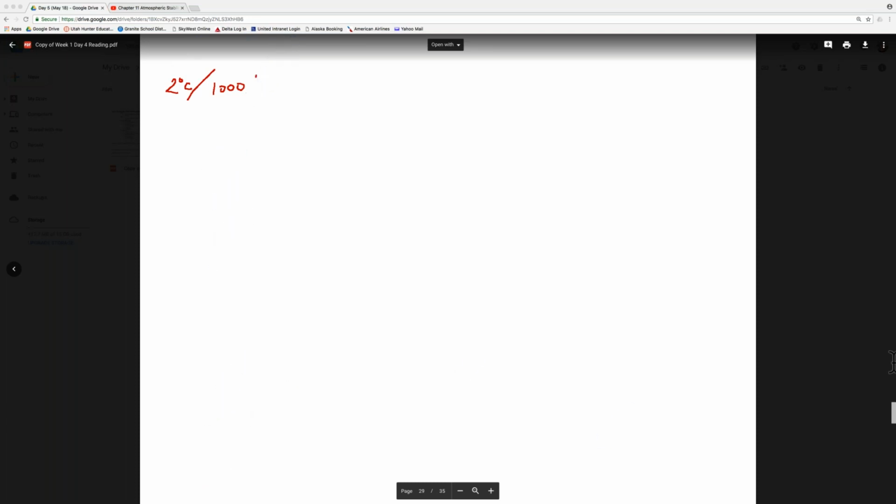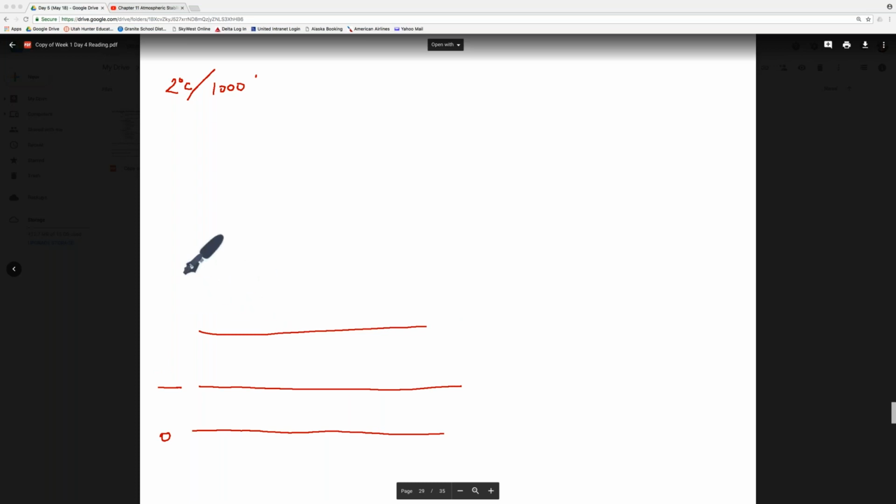And this is where we were talking about ISA. So as we pretend this is mean sea level or 0 feet elevation, here we have 1,000 feet, 2,000 feet, 3,000 feet. So for every 1,000 feet, it becomes 2 degrees colder.